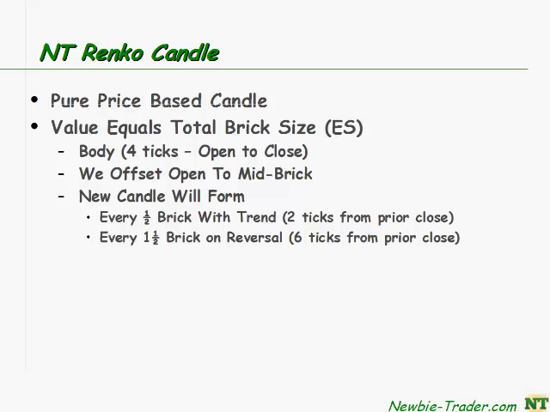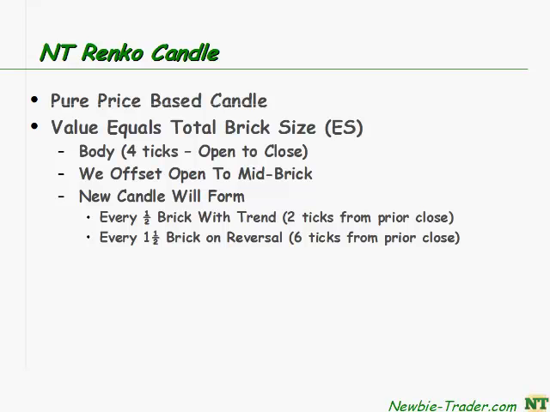But on rotations with a typical Renko candle, you don't see that rotation candle, because unless it trades through that high, there is no brick. So you could actually trade up, say, 4 ticks, and then trade down 4 more ticks before you see your next brick.